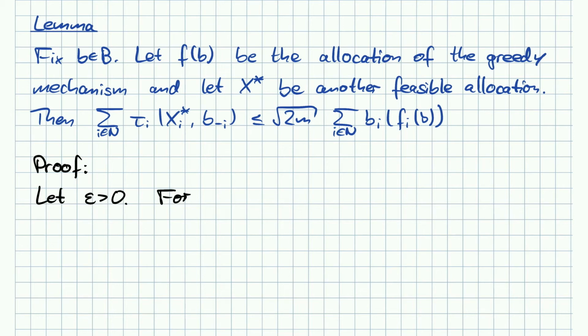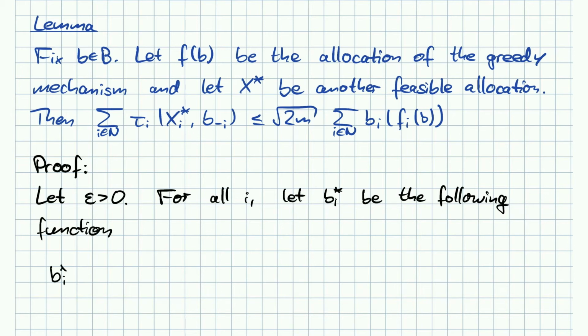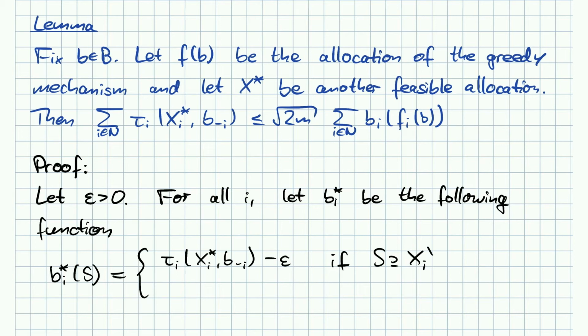And now, for all i, let b_i star be the following function. b_i star of S should be the critical bid for the set x_i star, given b minus i, minus epsilon, if S is a superset of x_i star, and 0 otherwise.